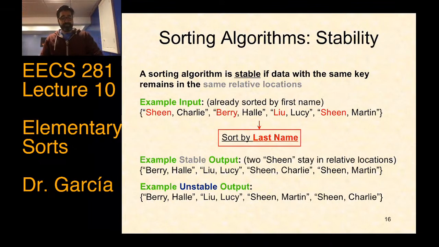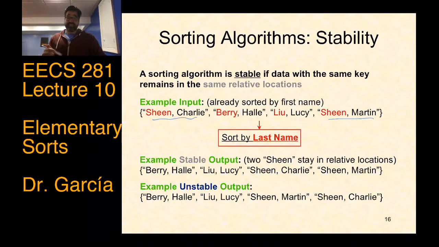You have input, which are names, with a last name and a first name. And what you want to do is sort by last name only, which means that in this input you have Sheen, Charlie, and then Sheen, Martin.